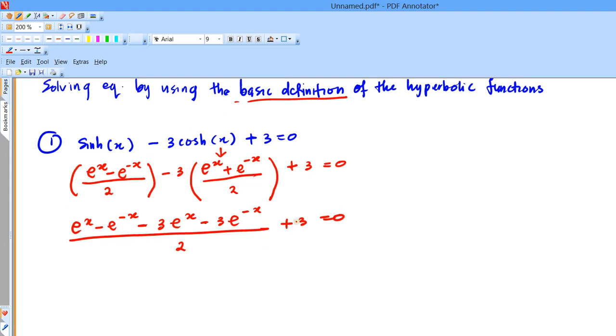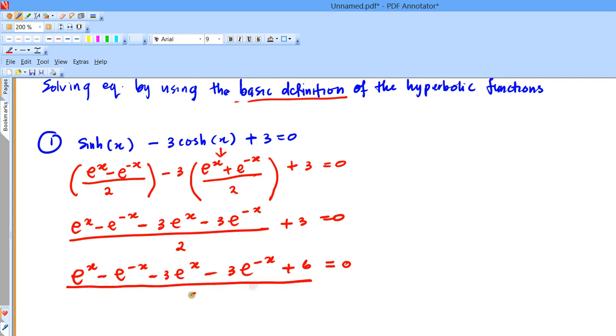We can multiply 3 with 2 over 2, so you get e power of x minus e power of negative x minus 3 e power of x minus 3 e power of negative x plus 6, all over 2, equal to 0.